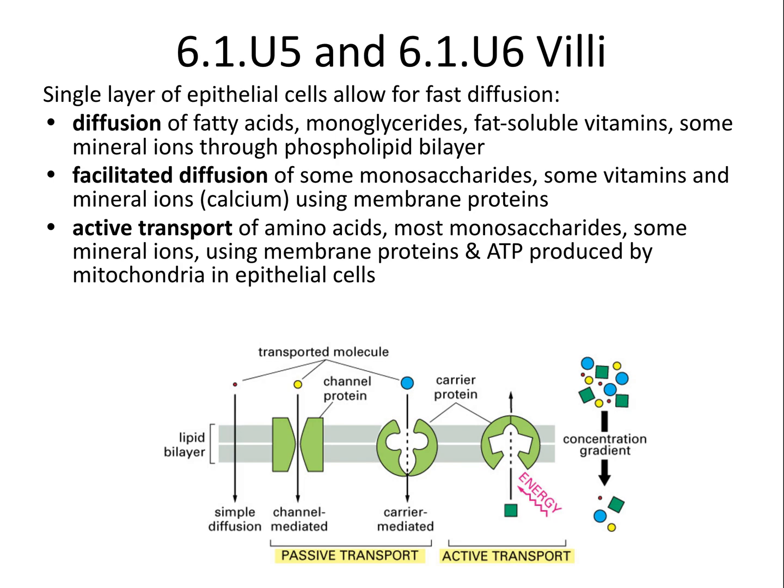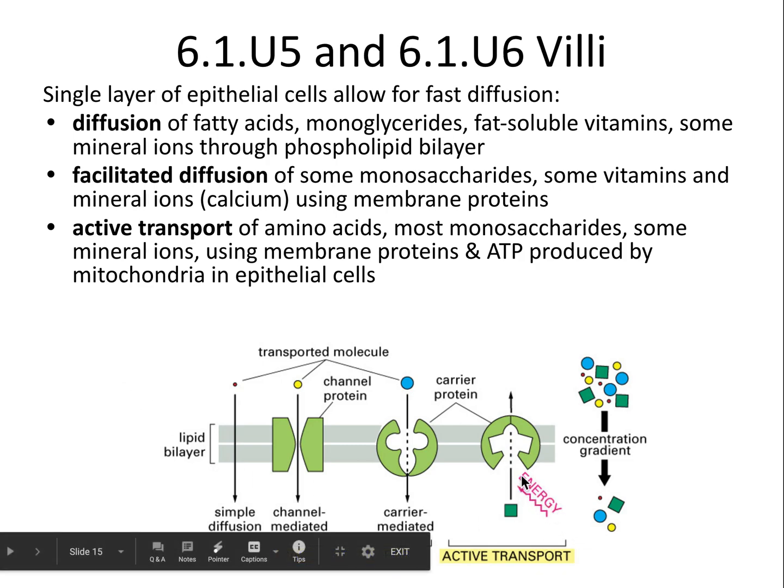So they're going to be going through the proteins that go through that phospholipid bilayer. And then active transport of amino acids, and most monosaccharides, some mineral ions uses membrane proteins, and ATP produced by mitochondria in the epithelial cells. So some require active transport, so energy is needed to open up the channel so that they can go through.